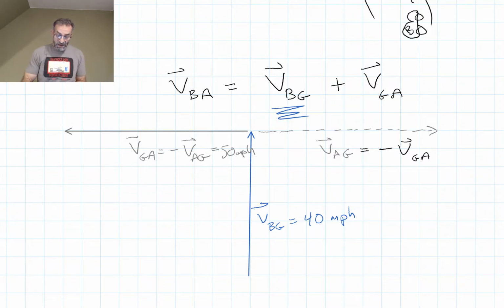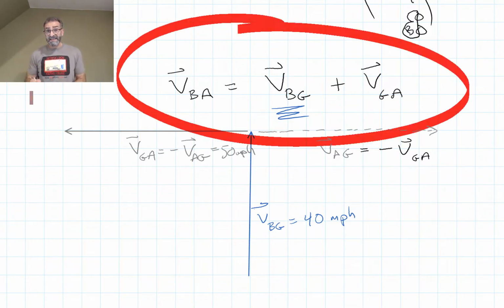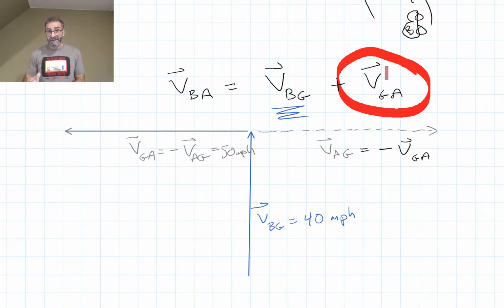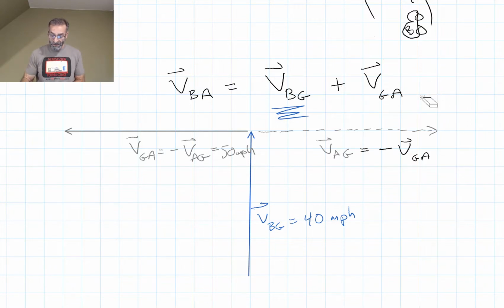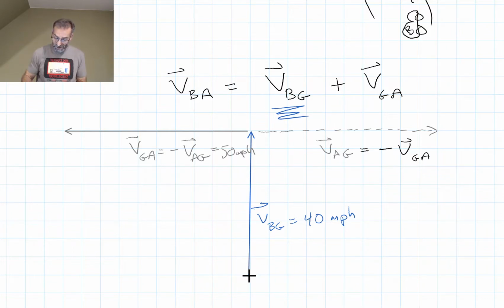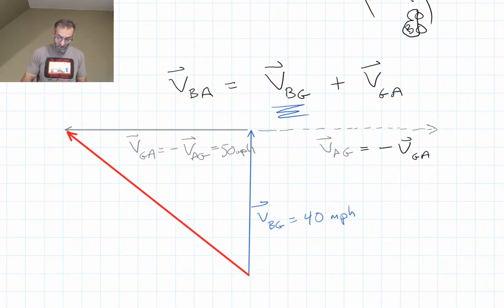So you see where this equation comes in handy. This equation told us that we had to subtract VAG or add VGA to get the vector we were looking for, the velocity of car B with respect to car A. Here's our red vector for the sum of these other two vectors. And what do we get? We get a vector pointing up and to the left, which is what we expected.